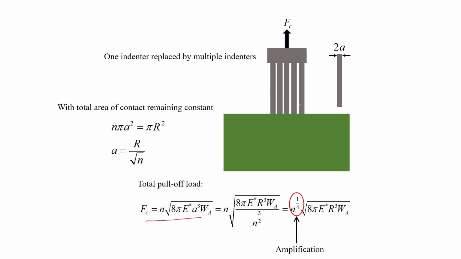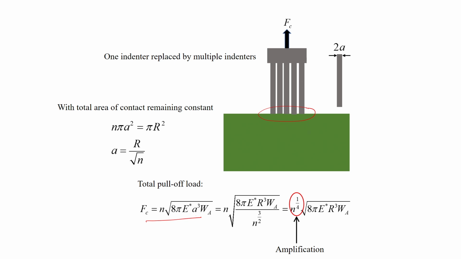You see, instead of one single indenter we have split this contact area into smaller indenters of radius a, and this changes the pull off load that is required. The pull off load now varies with n to the power 1 upon 4.